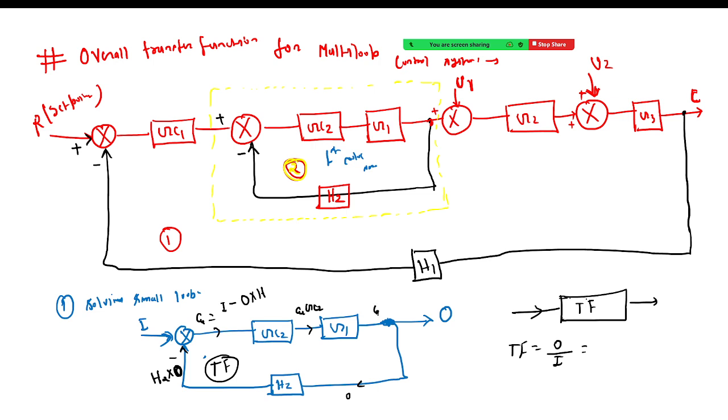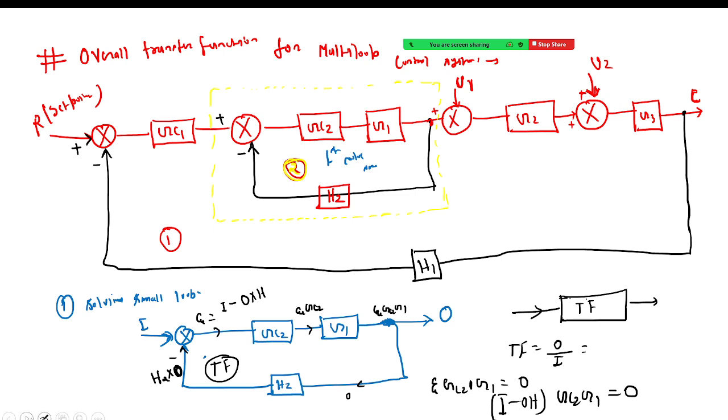And again it will come E into GC2 into G1. Is it clear? So finally you will see E into GC2 into G1 equals the output, and E is I minus O H2. I minus O H2, is it clear? Into GC2 into G1, that equals O.